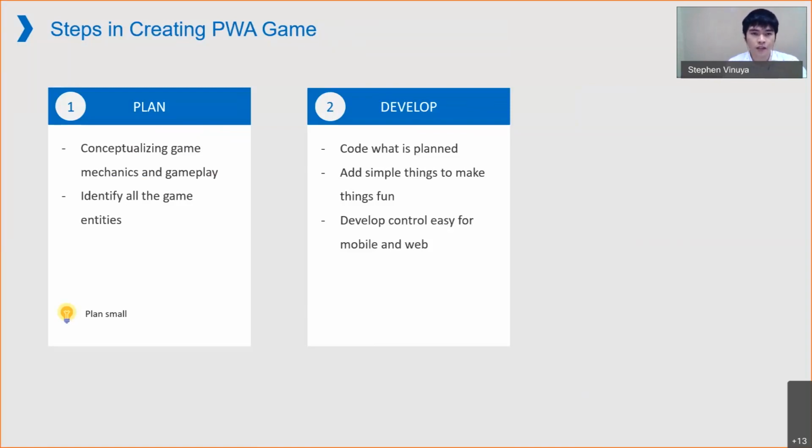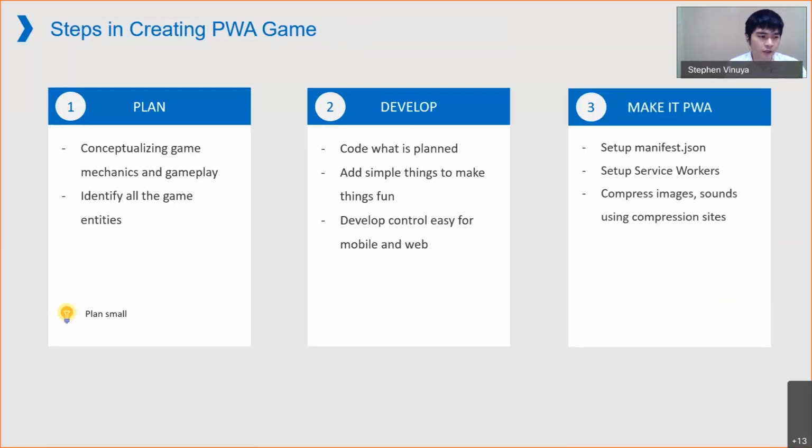Controls on web should be different from controls on mobile. On mobile, you should maximize the swipe or gesture animation, the touch strokes. But on web, you should maximize the use of the keyboard, since it's easier to play the game on web using the keyboard.